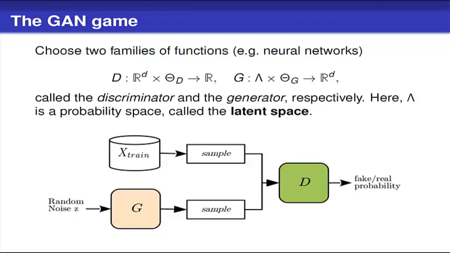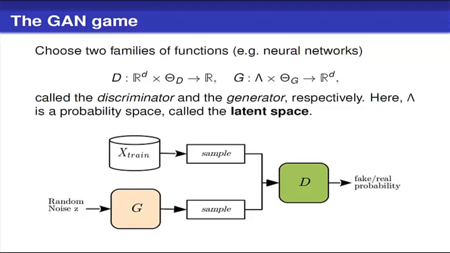So the discriminator is going to be exposed to two different kinds of samples. The first kind is real samples, and for these samples, D has to say, okay, these are real samples, this is real people. Also it is going to be exposed to fake samples, and it has to say, no, this is not a real image.